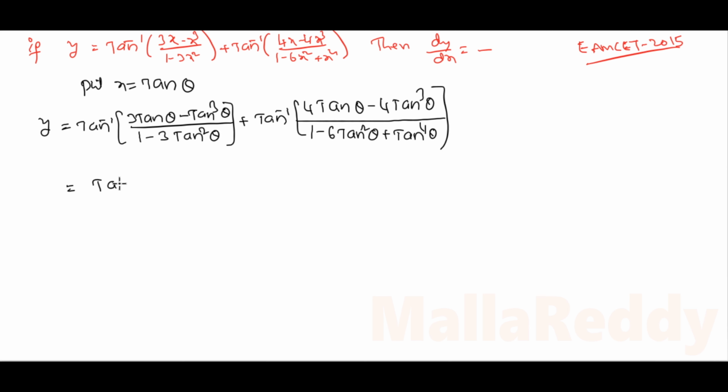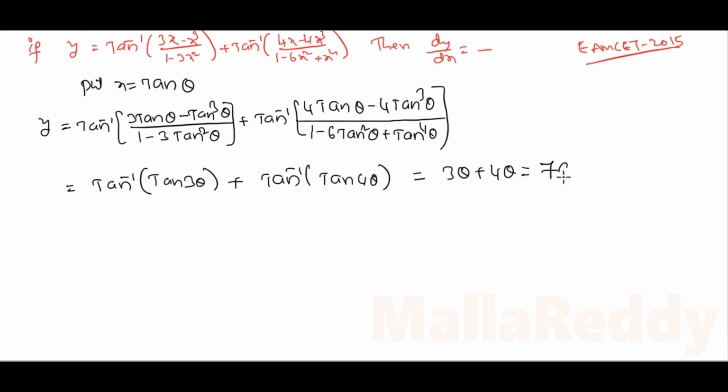That is equal to tan inverse of tan 3 theta plus tan inverse of tan 4 theta. Here tan inverse cancelled, that is 3 theta plus 4 theta is equal to 7 theta. So y is equal to 7 theta, that is 7 tan inverse of x.